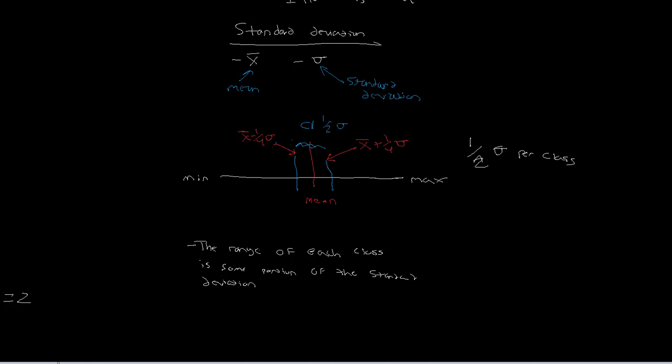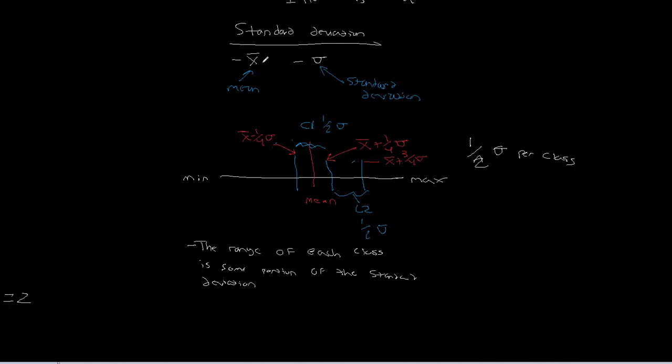And then we would go this way over here. We would go to here, and then this would be another class whose width is half a standard deviation. So this would then be x bar plus 1/4 plus 1/2, so this would be 3/4 of the standard deviation, so that the distance from here to here is half a standard deviation.